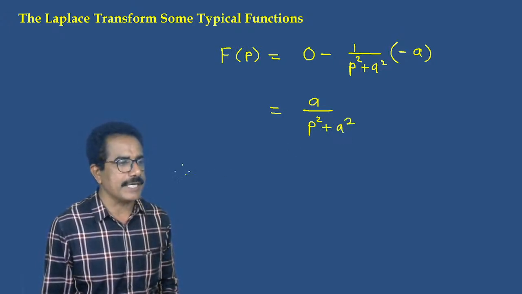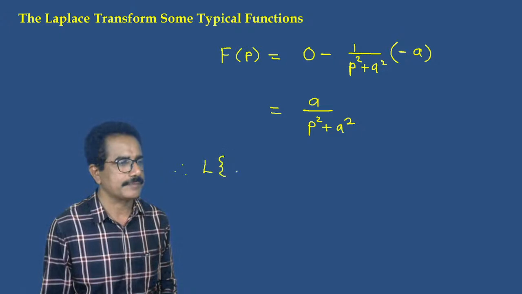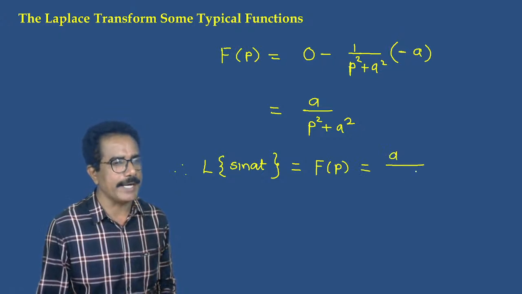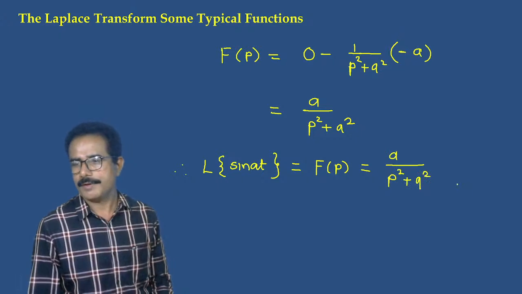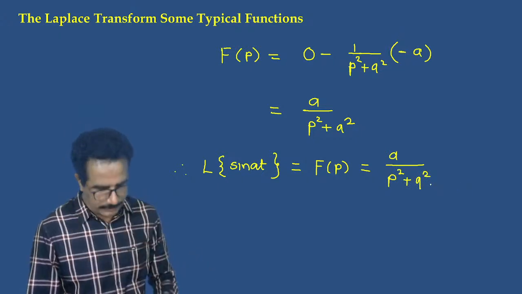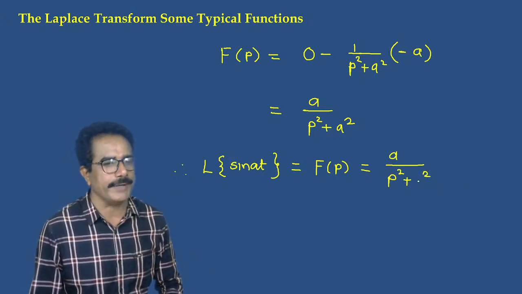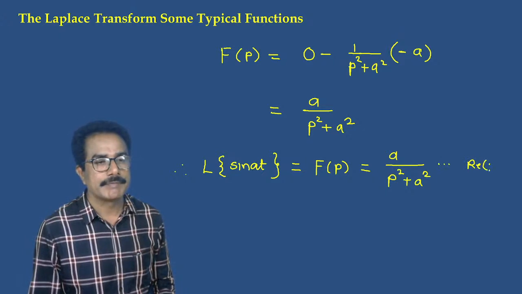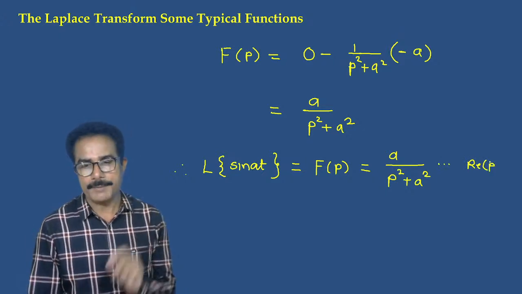So the Laplace transformation of sin at, or we can write f of p, is equal to a divided by p square plus a square. But note that here the real part of p is very important.